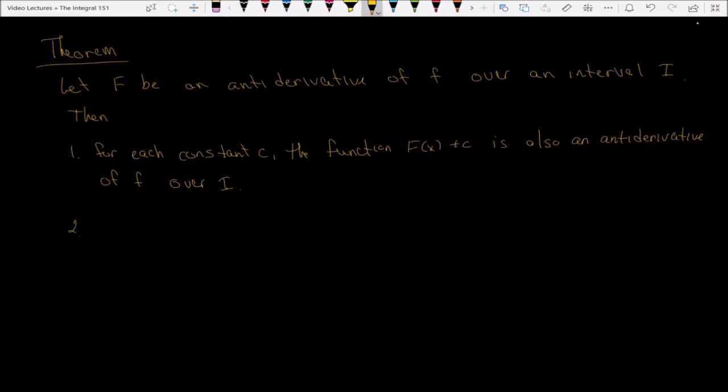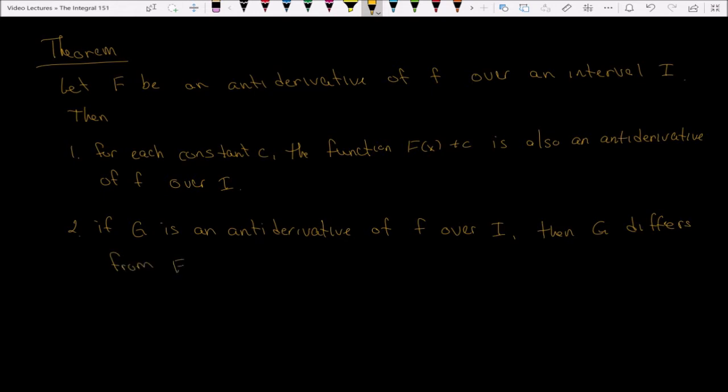The second statement: if G is an antiderivative of little f over the interval I, then G differs from F by a constant.